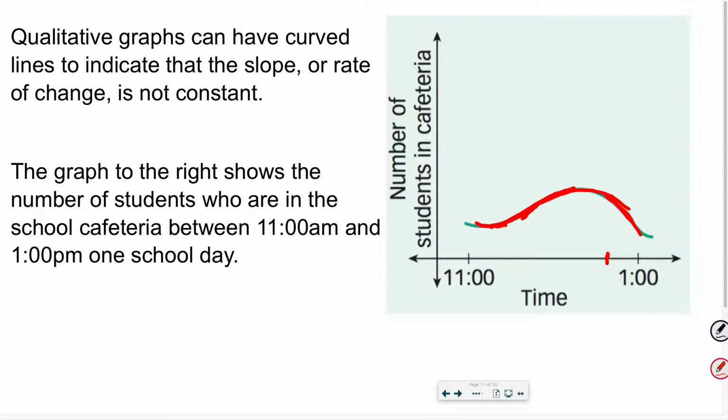When's the cafeteria empty? At the end of the day. Based on our graph, when's the cafeteria empty? What would it mean for the cafeteria to be empty on the graph?